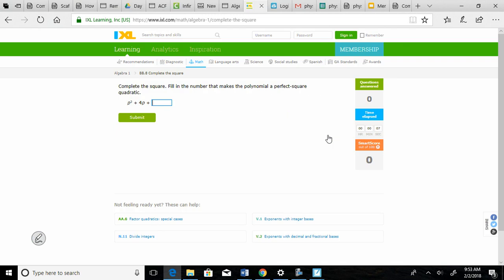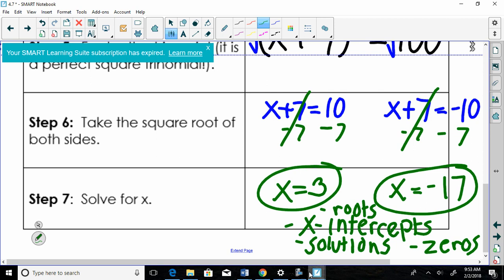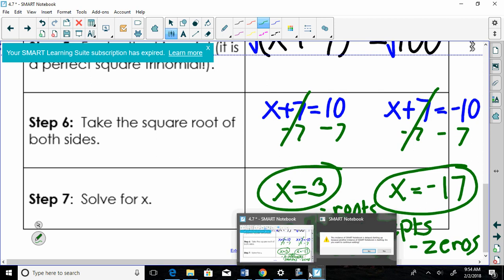So how would I do that? What do I do with that middle term? Divide it by 2, and then what do you do? Square it. So what's half of 4? What's 2 squared? 4. And you just type that number in. That's the IXL. That's all you're doing for that one. BB9 is sitting there completing the square like this, but you could do the worksheet instead. And I'll count that as the IXL.